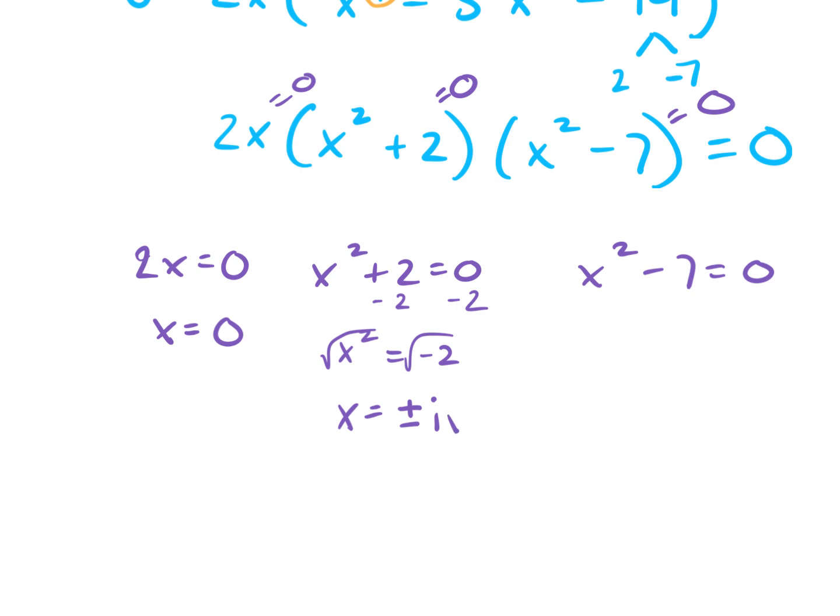Plus or minus i square root 2. Awesome. We take out the negative from under the square root, turn it into an i. Don't forget, when you take the square root of both sides, you need plus or minus. For the third one, I'm going to add 7 to both sides. So we get x squared equals 7. Take the square root. What does x equal? Plus or minus square root 7.